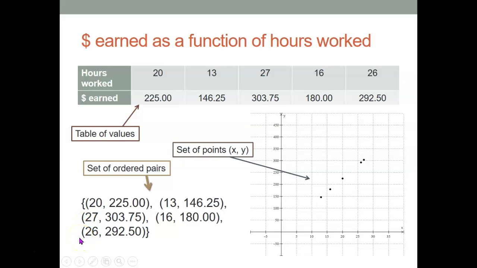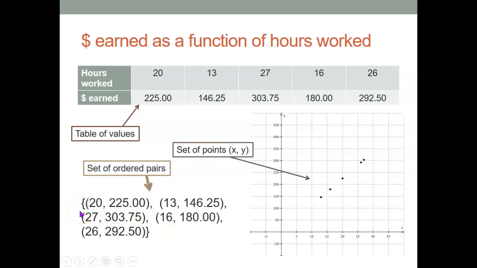Ordered because the order matters. It matters which one is the first number and which one is the second number in each pair. So the way I've got this set up, we've got 5 pairs of numbers here, a set of 5 ordered pairs, where the first number in each pair is how many hours, and the second number is how many dollars goes with that number of hours.